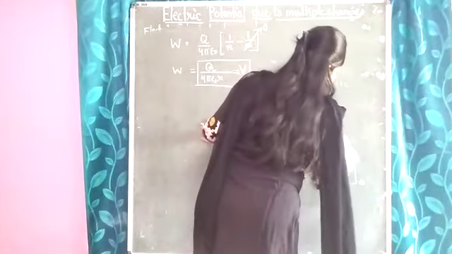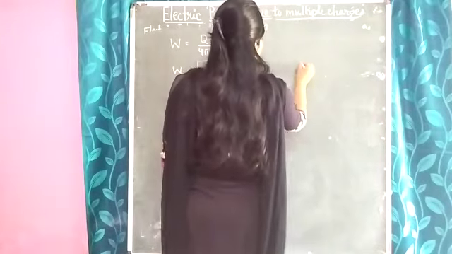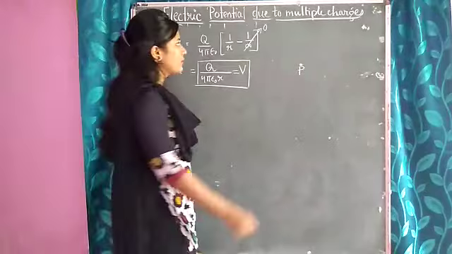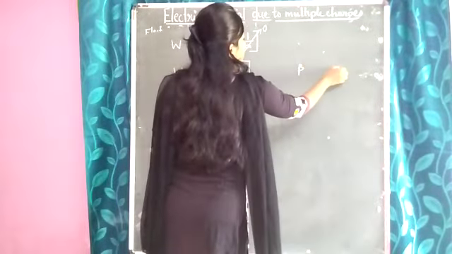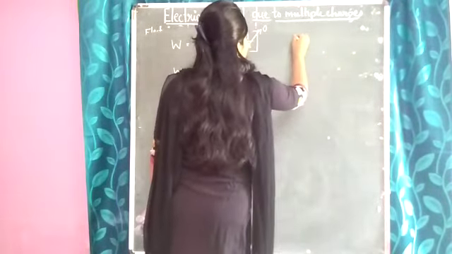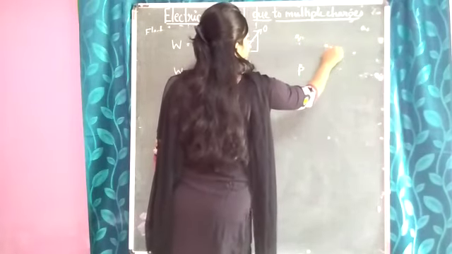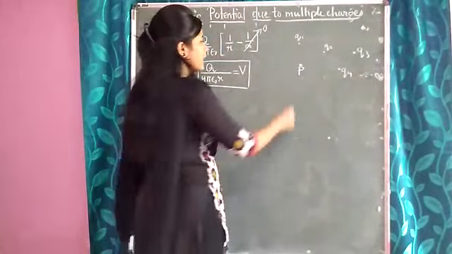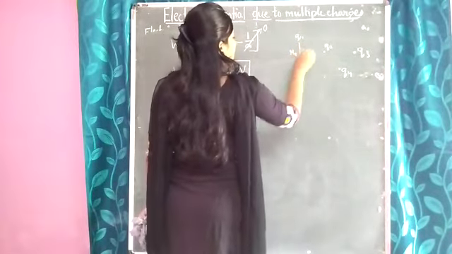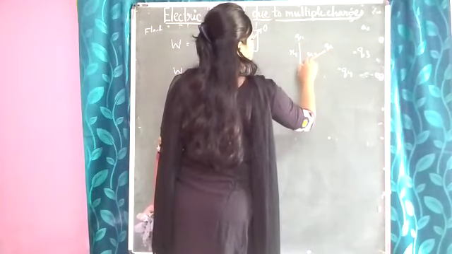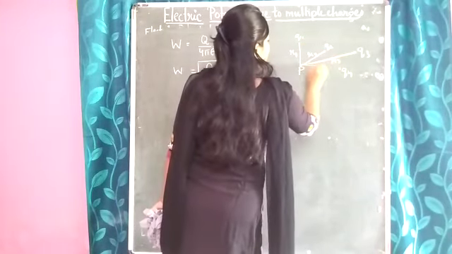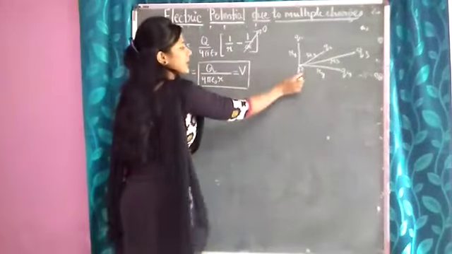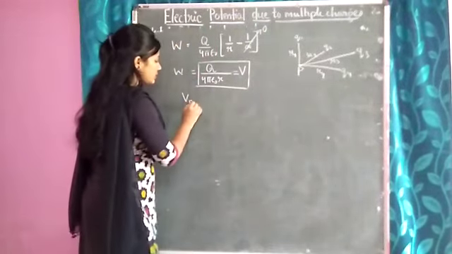That means if we have a point P and we have to find the electric potential due to a number of charges, suppose Q1, Q2, Q3 and Q4, at distances of R1, R2, R3 and R4, what is the electric potential at point P?